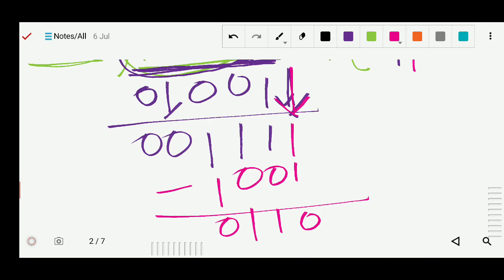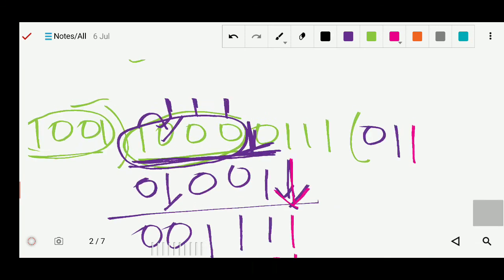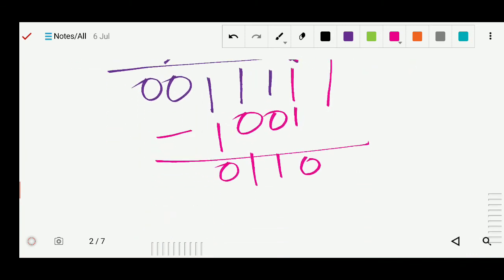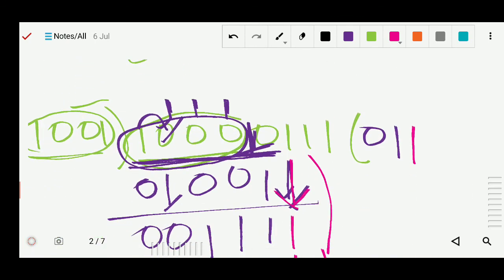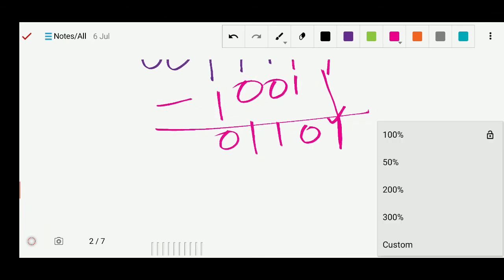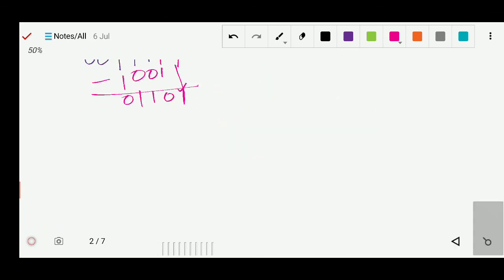Got it? Now again this one will come down. So now again one time, you write here in the quotient part, one time. Now do it here, just wait, it will be easy for you.